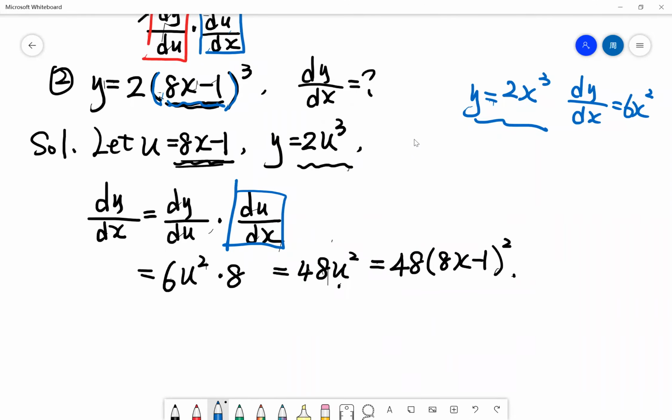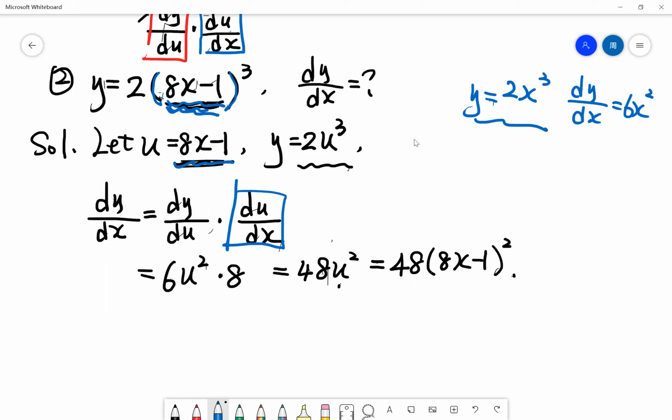We let u, or you can write t, v, any letter is okay, equal 8x minus 1 to replace this part. So you will find y equals 2u to the power 3.